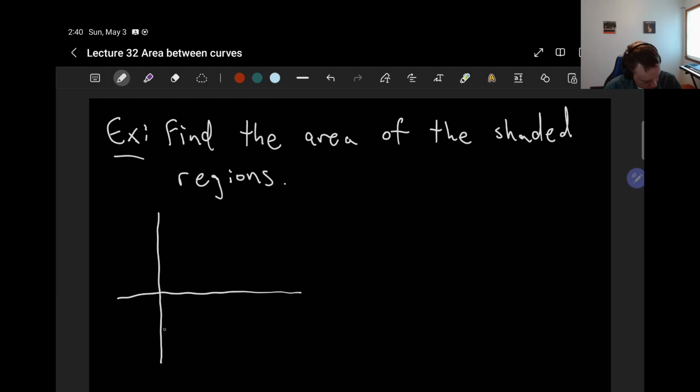Okay, so some curve like this crosses at the x-axis at 1. And let's say we go out to 2. So that's where we stop.